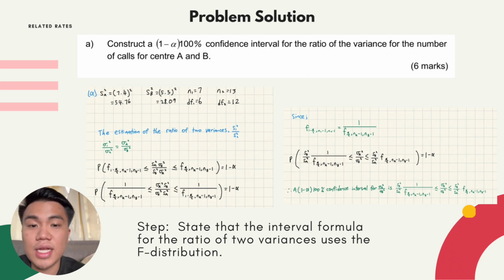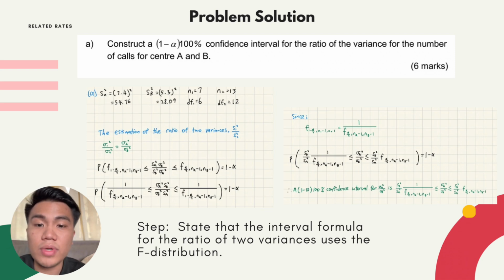Next, I use the identity that F1 minus alpha over 2 and A minus 1 and B minus 1 is equal to the reciprocal of F alpha over 2 and B minus 1 and A minus 1. After substituting this identity and rearranging the inequality to isolate the ratio variance A square over variance B square, I derive the final formula for the confidence interval.